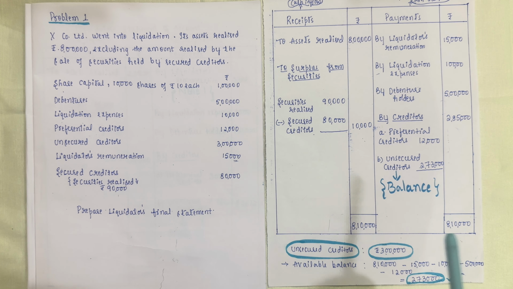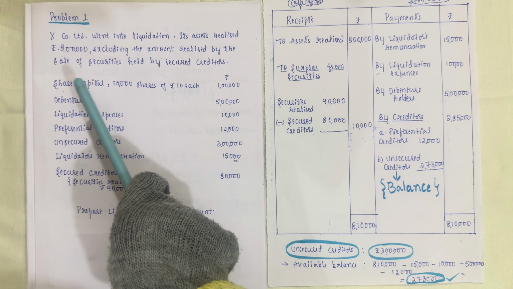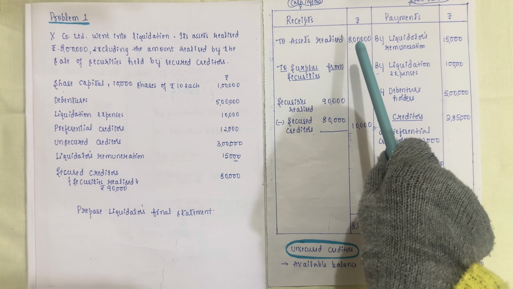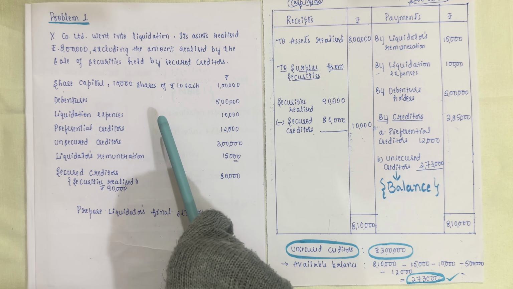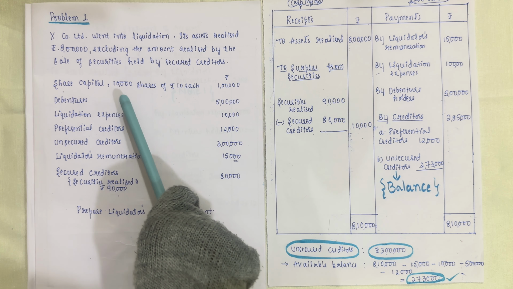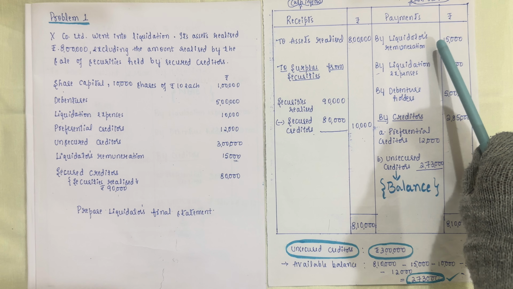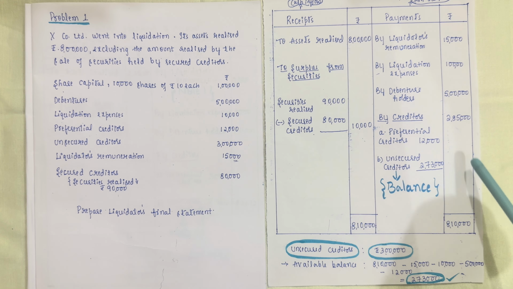And another thing you need to keep in mind here, if you observe, assets realized is 8 lakh. At first it is given, it's not because of that we have taken it first. Before this, if they have given cash at bank and cash in hand, you have to take that first. Okay, and here on the payment side, if you observe, share capital is given 1 lakh rupees. It doesn't mean before liquidator's remuneration you can take share capital. No, we have to take it priority-wise.